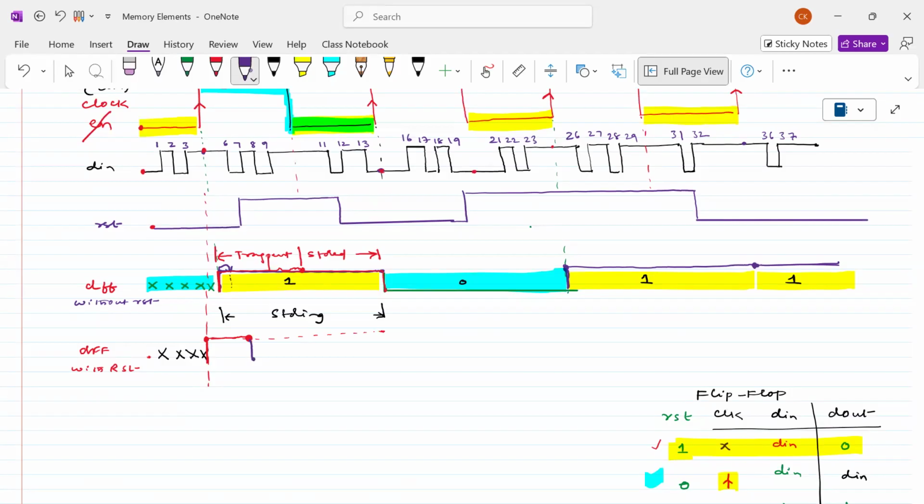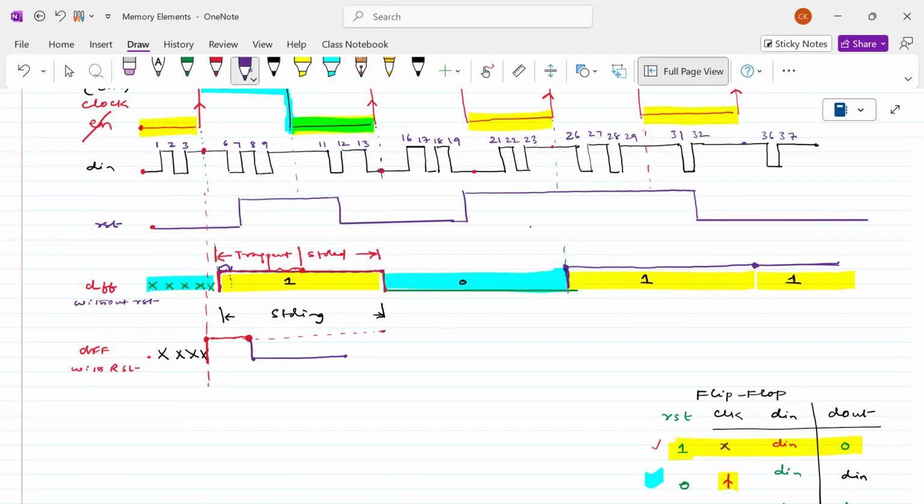How much time should this be 0? As long as RST is 1. This is 0 as long as RST is 1. If this point is clear, we have to go till this point, but we have to go till this point only. At this time, what is happening here? You see, there is no RST, fine.